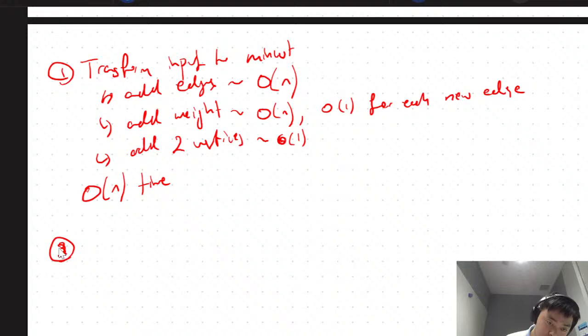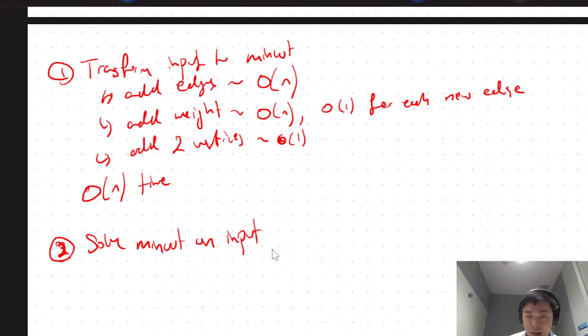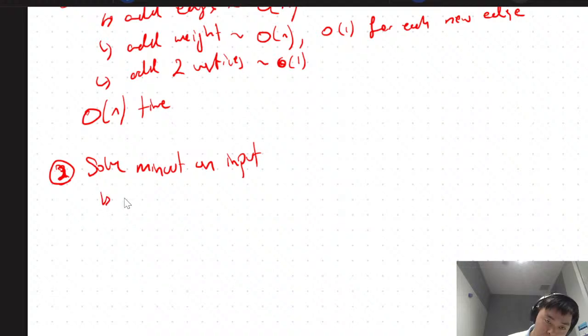Then the second thing to do is to solve min cut on the input, and the input itself is a transformed input, and this is done in polynomial time. So remember that if you use Edmonds-Karp, you get V times E squared.